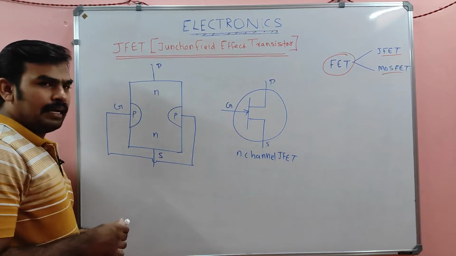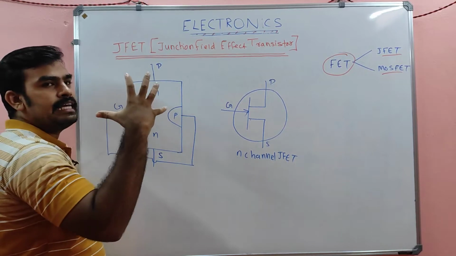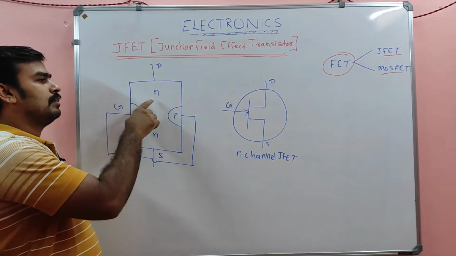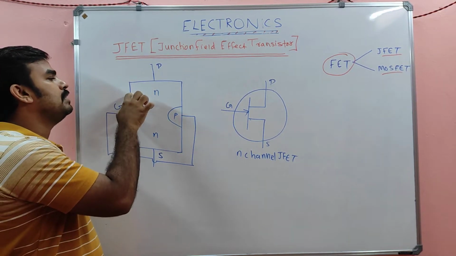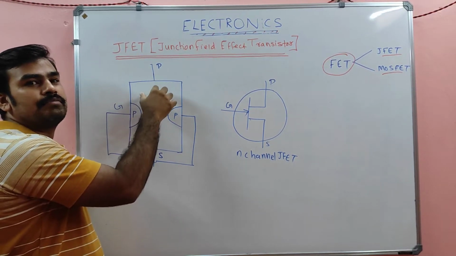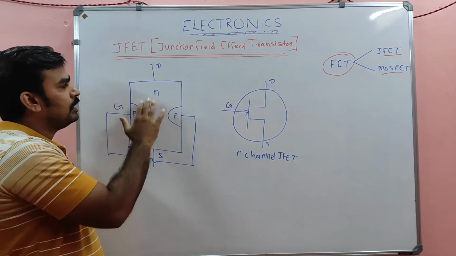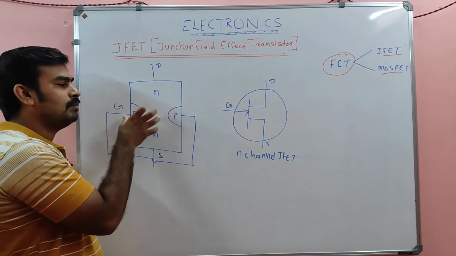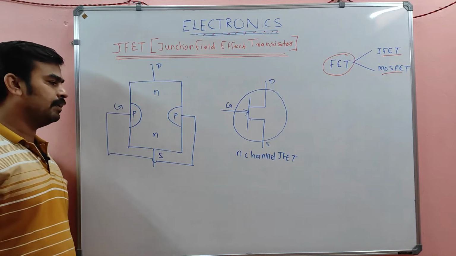And here the end region, this area is very high. Compared to the UJT that we studied, where the P region was near to the end region, here it is exactly midway along the N channel, so an equal portion will be in the upper area and an equal portion in the lower area.